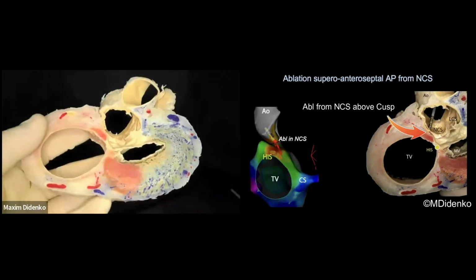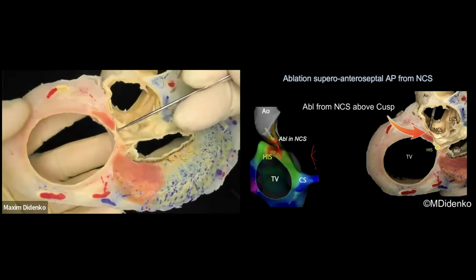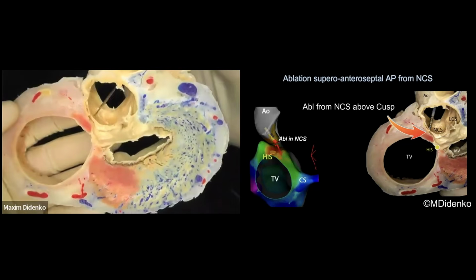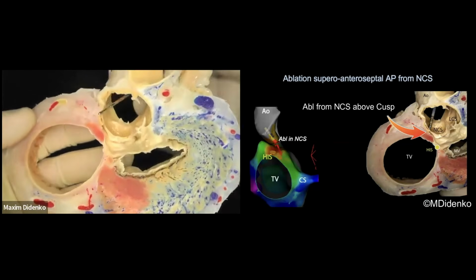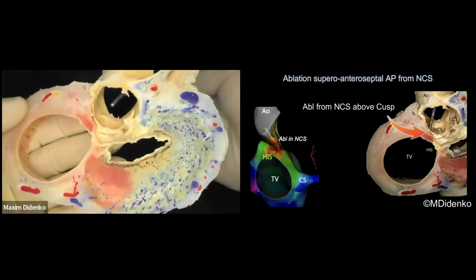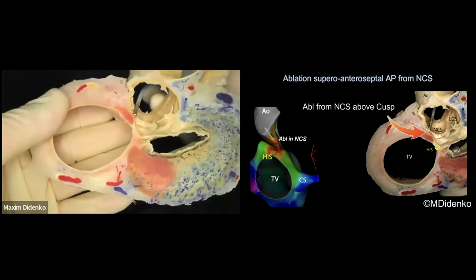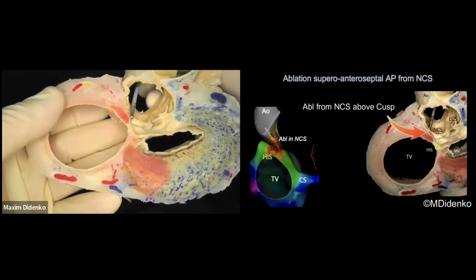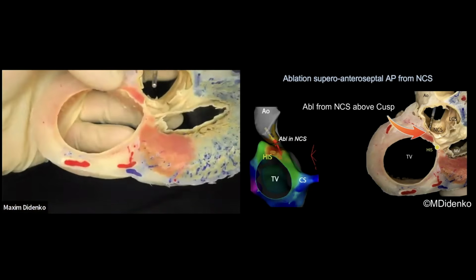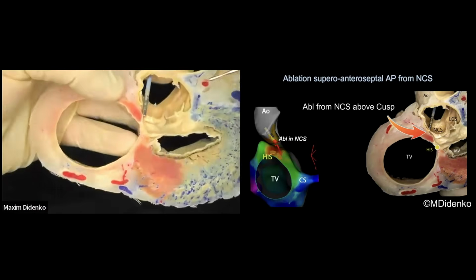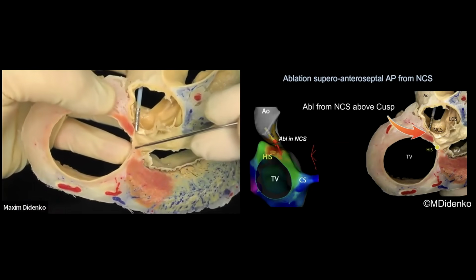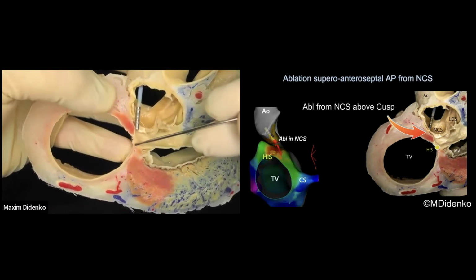So you can see here, this is our membranous septum where the His is located. This is the ventricle, and this is the non-coronary cusp and the right coronary cusp here. If you go in this direction, you will be on the right spot, but pretty safe from the His bundle, especially since we know that the His bundle is actually located on the inferior side of the membranous septum.